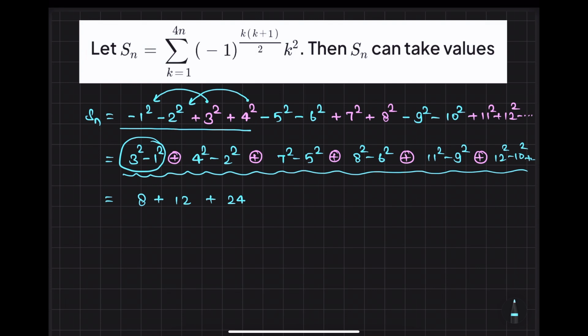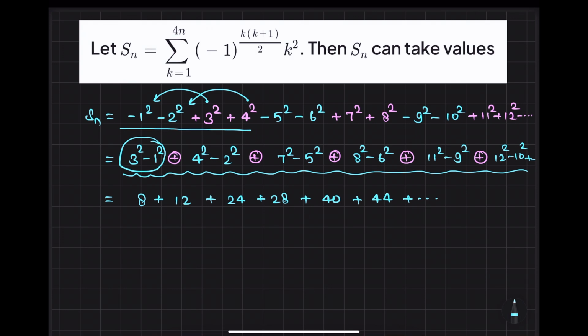Then a plus b is 28, a minus b is 2, so 20 and 2 is 40. Then we have 12 plus 10, 22 into 2, 44. Now at exactly this stage we are having 2n terms, correct?